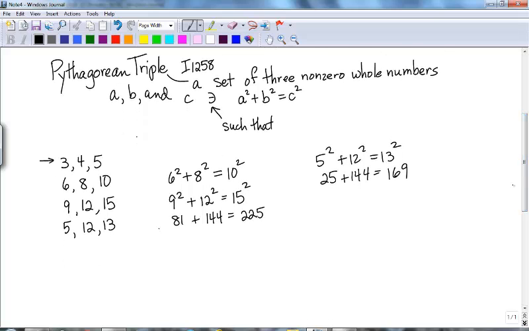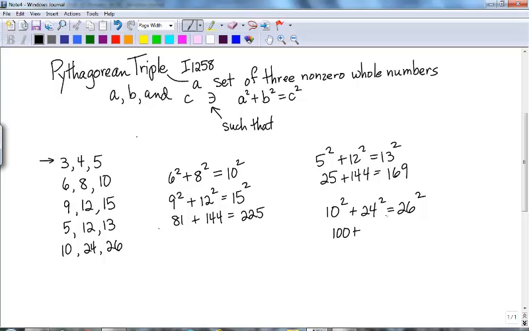If I took that and took it times 2, that'd be 10. Times 2 would be 24. Times 2 would be 26. Does that hold? 10 squared plus 24 squared equals 26 squared. 10 squared would be 100.